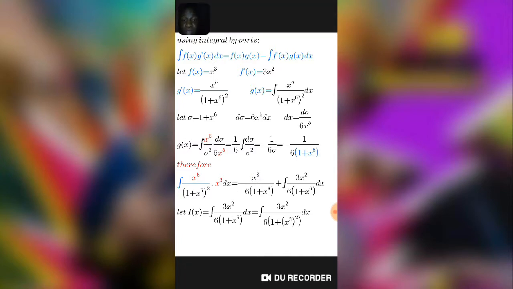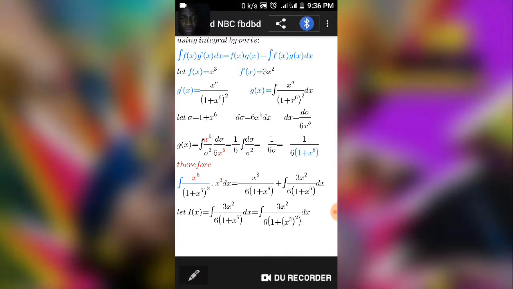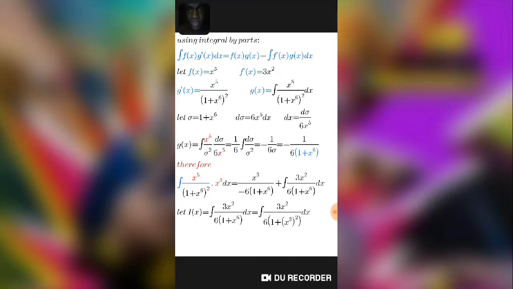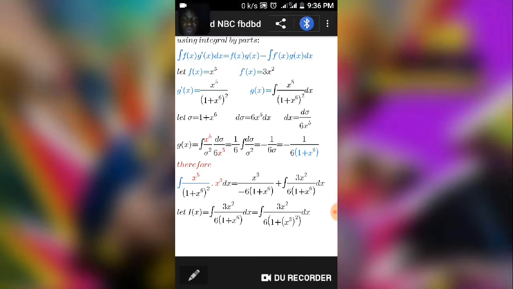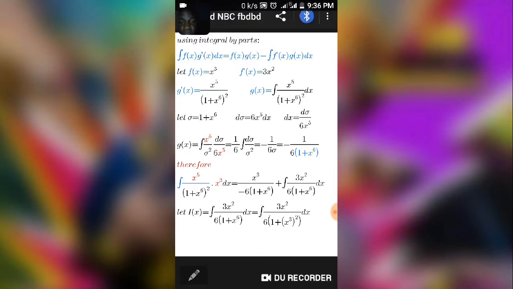So we have x to the power 3 times, and just g of x, we have g of x here, so times minus 1 over 6 into bracket 1 plus x to the power 6. So we have that here.